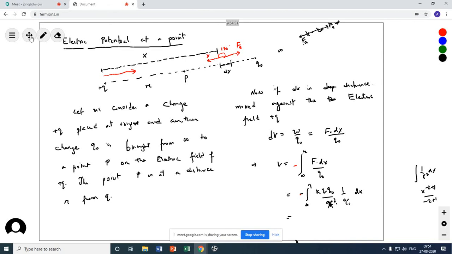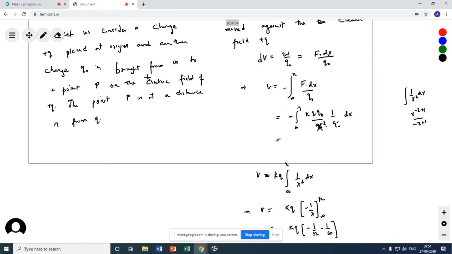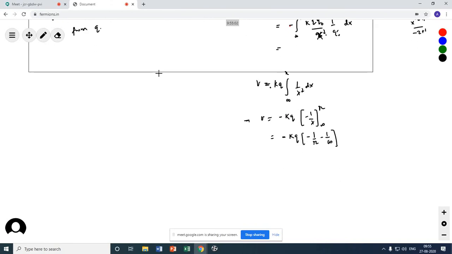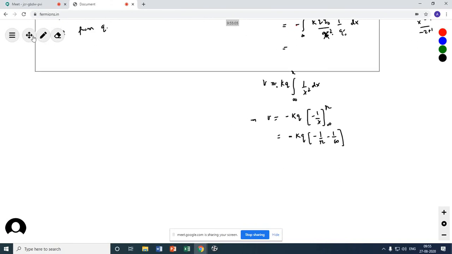So I will give you an example of, so let us see this now. So that means this one should be a minus sign, this one should be a minus sign, here also a minus sign. That means I get here V equals to what? V is coming to be KQ by R, or V equals to 1 by 4 pi epsilon naught Q by R. This is the electric potential where?